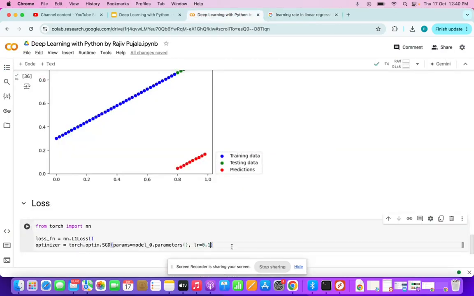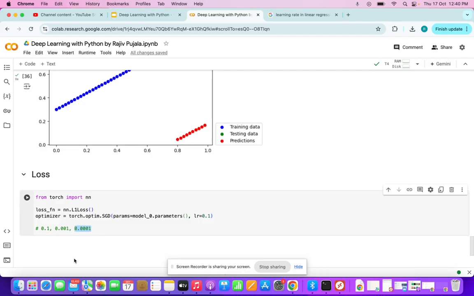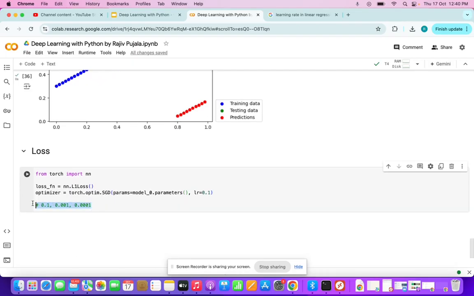The other values we can have for the learning rate are 0.01, 0.001 or 0.0001. Whenever we have 0.001, the learning is very slow, but the accuracy sometimes may improve. So we have to play with this one. This is called hyperparameter tuning in the machine learning world.